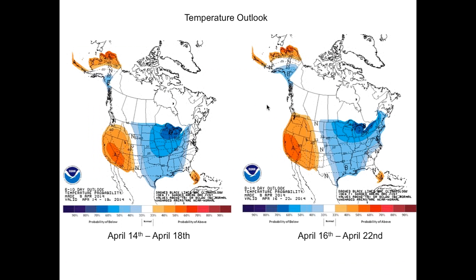But that looks like it should sag into our area late in the weekend and bring some precipitation. Again, we're not anticipating heavy precipitation. It's going to be more of a chance, and temperatures will probably drop back to near or slightly above average. And then next week, beyond what you can see on this image, the models are suggesting another storm system moving in.